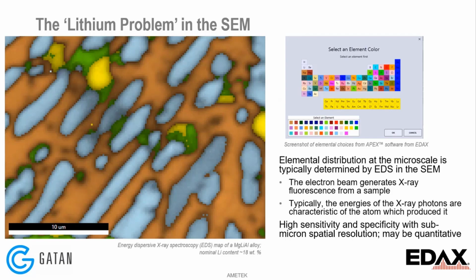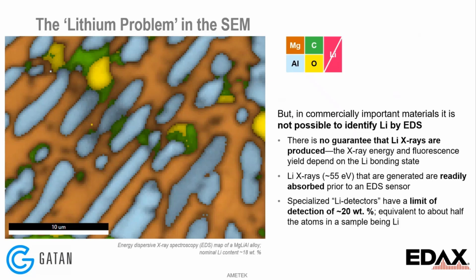And typically the energies of those X-ray photons are characteristic of the atom which produced it, allowing us to generate elemental distribution information from the point that we've analyzed, and then by scanning an array of points across a specimen to generate these maps of the elemental distribution, like we see on the left-hand side. The technique has high sensitivity and specificity with submicron spatial resolution and can be quantitative.